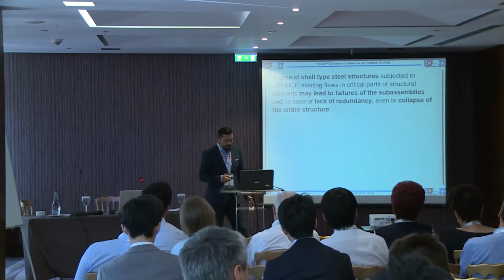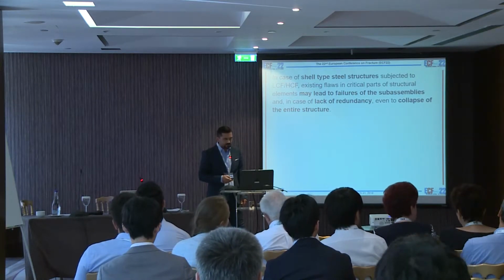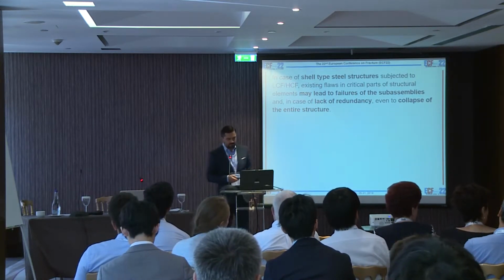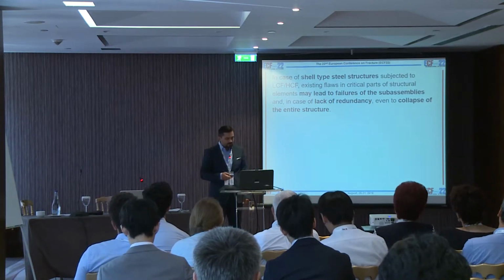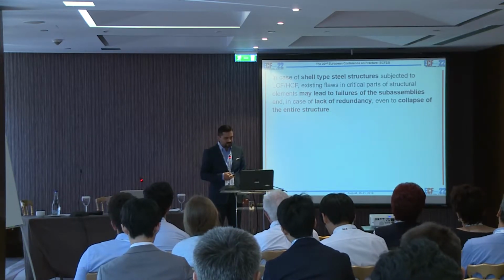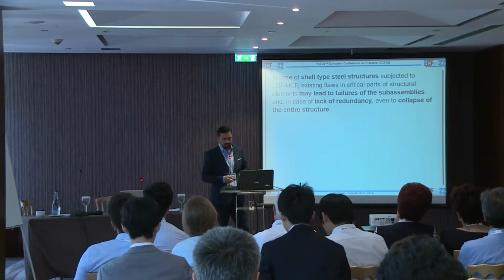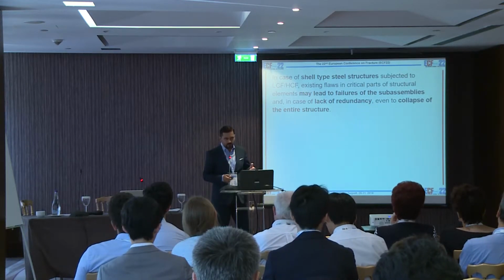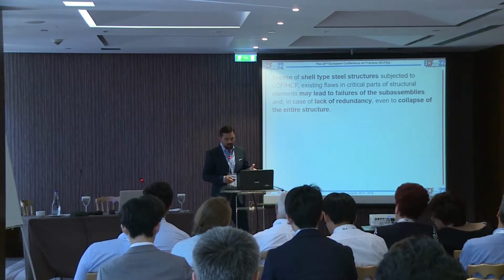So another approach is needed for low cycle and of course high cycle fatigue structures, especially in this case shell type ones, to assess the presence of the flaw from the beginning. When we have a flaw in the structure, we can have failure of a subassembly, and in the end, if the structure suffers from a lack of redundancy, we can have a collapse.